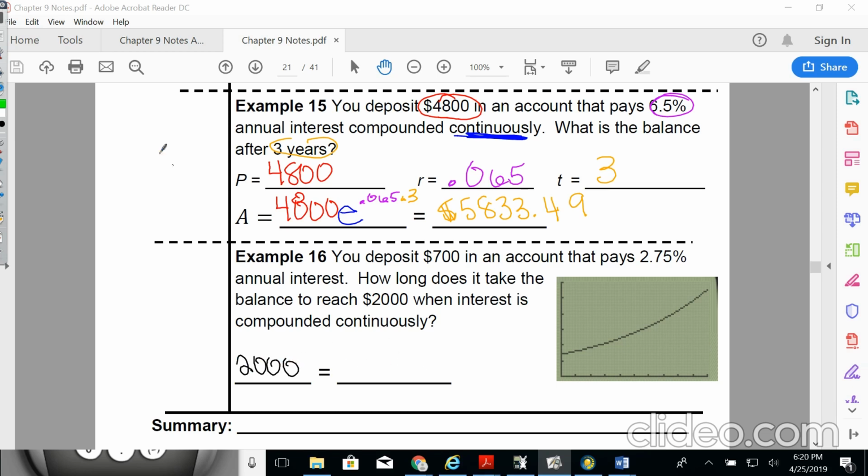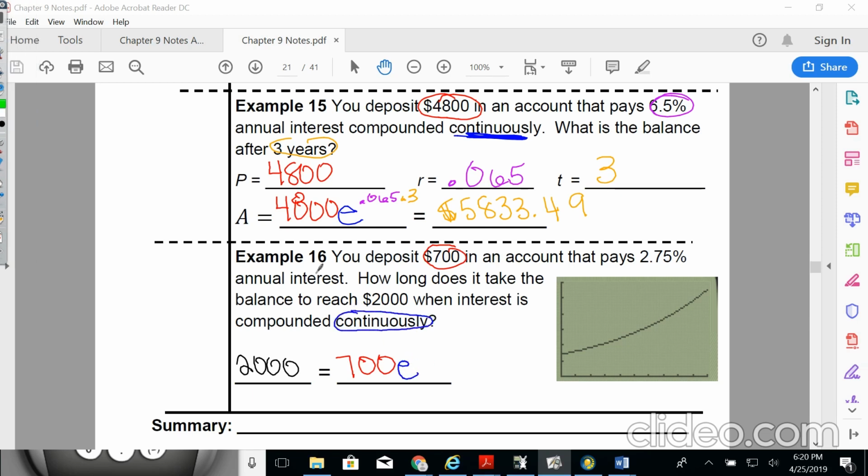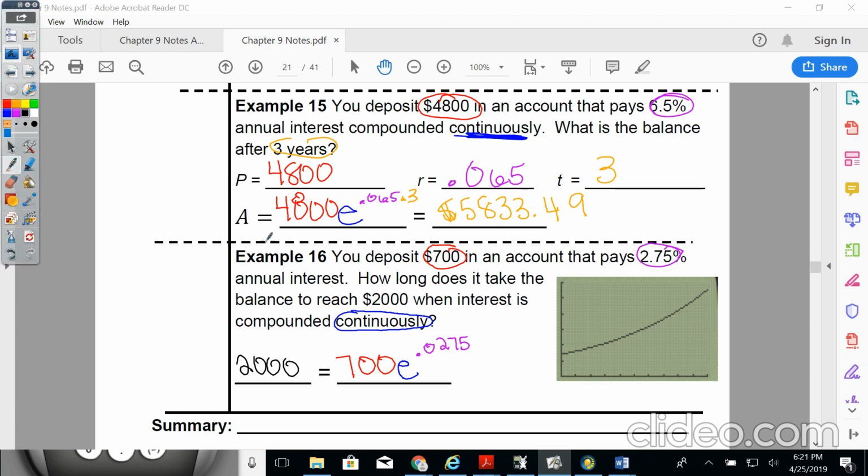My A value is 700, and I know to use the E because it says continuously. In the exponent, I multiply the percent, 0.0275, and I don't know T, that's what I'm looking for, so I'll use an exponent of X.